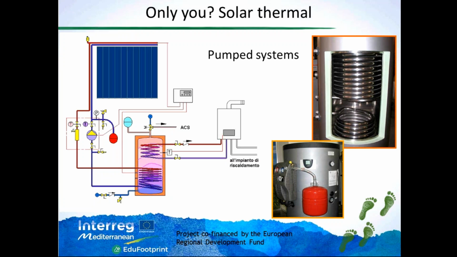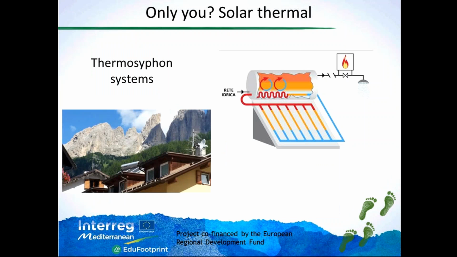Then I showed you how this looks in real plants. Starting from the pumped system, where you have a pump for the circulation of the heat carrier, and you have this water storage with 2 heat exchangers, one coming from the solar thermal and one coming from the conventional boiler.